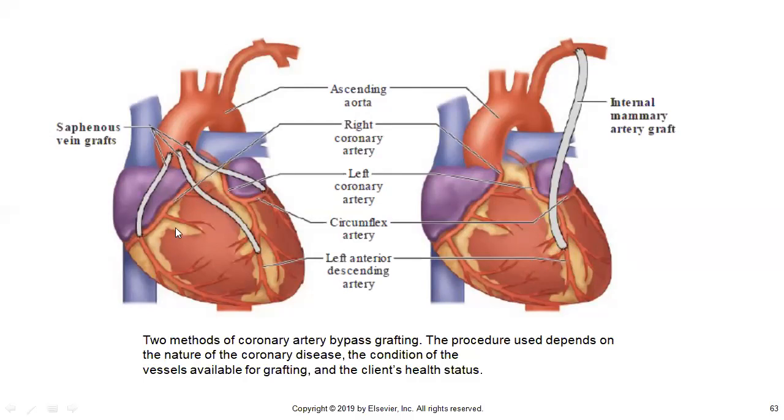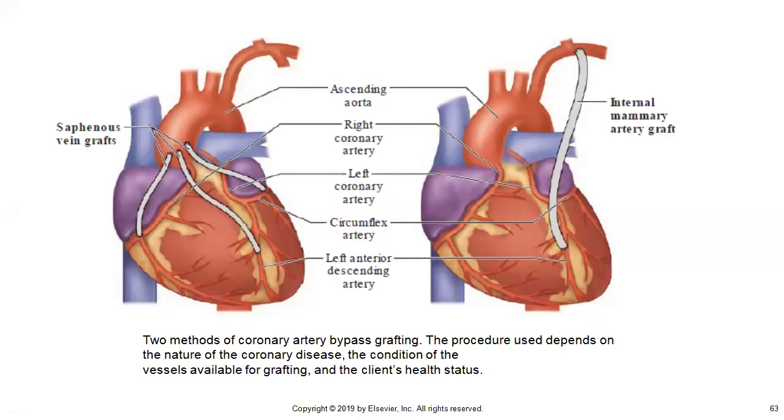There are three branches showing distribution of blood to the right atria, left ventricle, and intraventricular septa. So the saphenous vein is often used. You can cut the saphenous vein from the thigh and then put it in the heart.